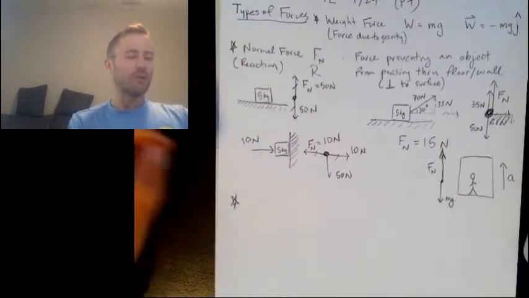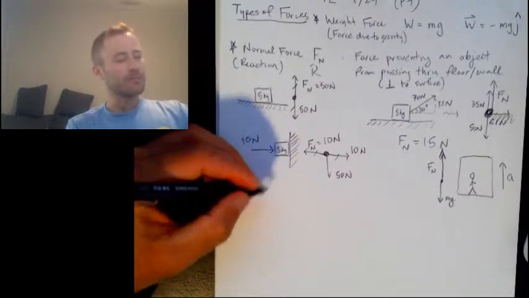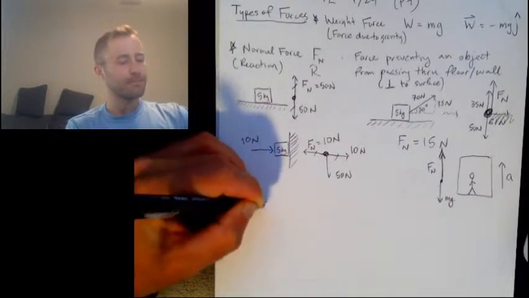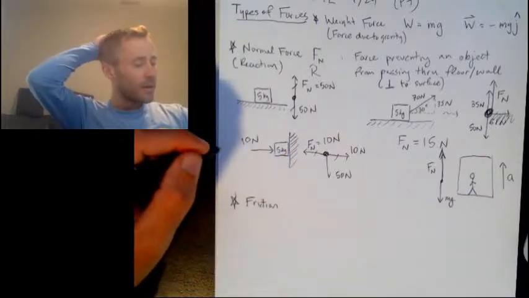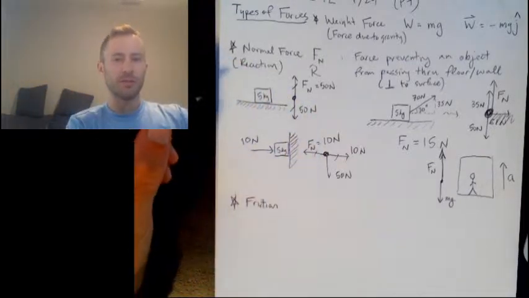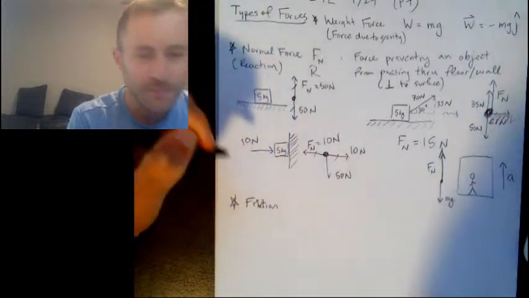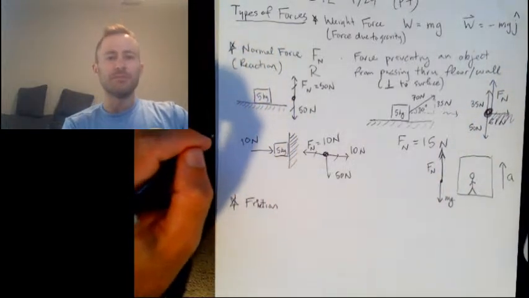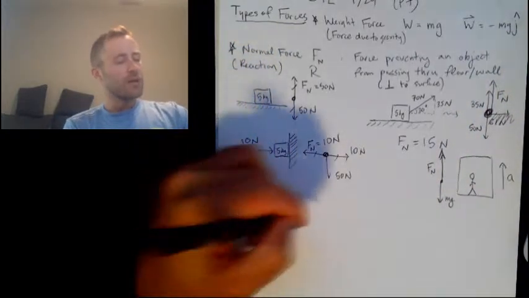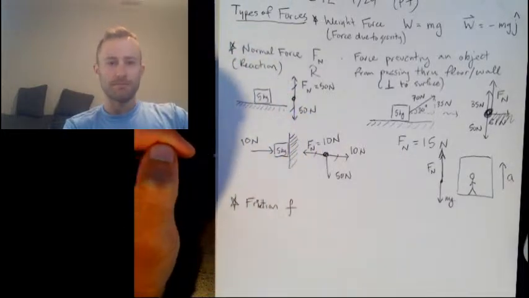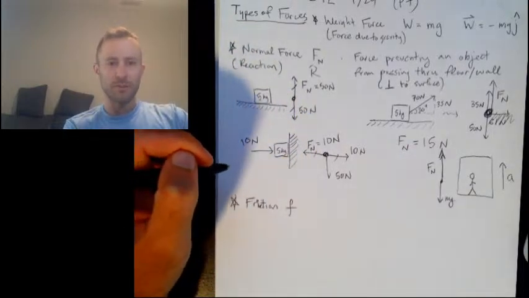The next force I want to talk about is friction. Friction is typically denoted by a script F, like on a violin or something, or in a cello.